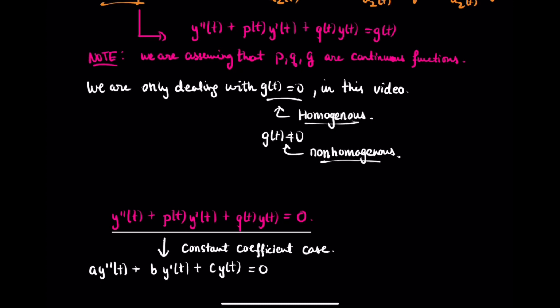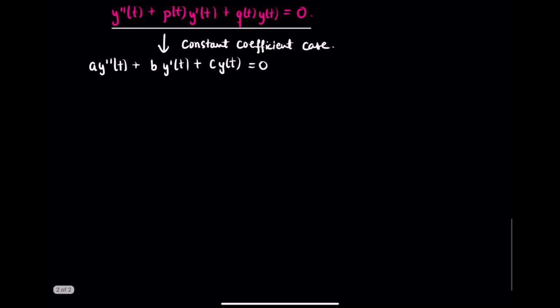But just for the sake of this video, to introduce you to second order linear differential equations, it's just going to be A, B, and C. Okay? So when it's A, B, and C, it's much simpler. And what we can do is we're going to guess a solution.